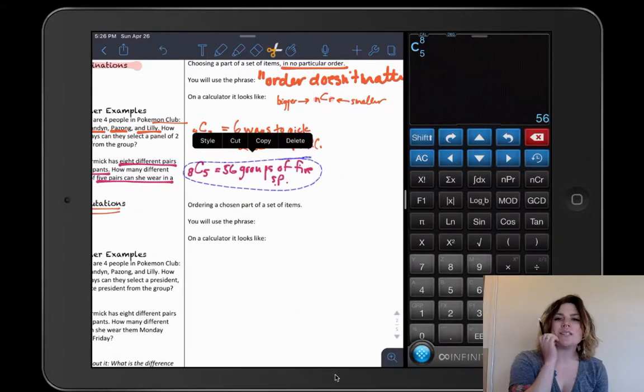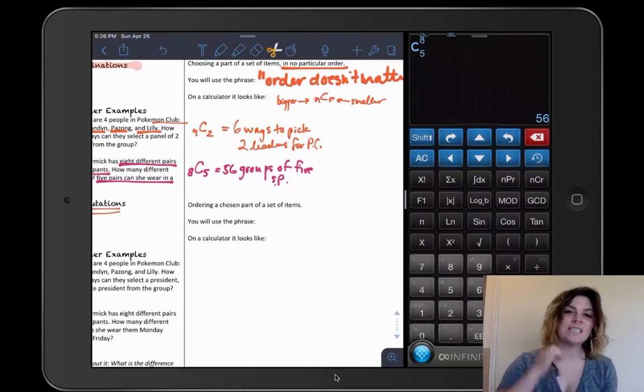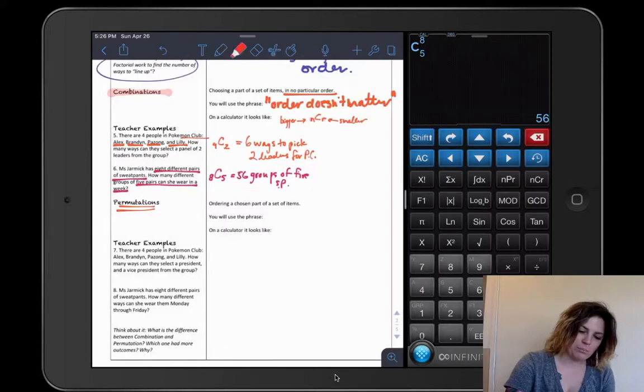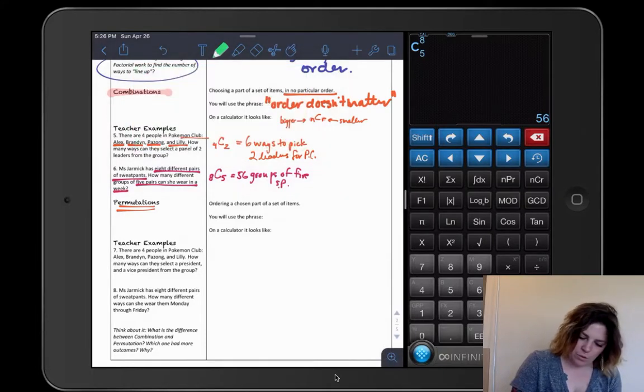Okay. Let's take a look at the next concept. The next concept is very, very similar, but it is related to the idea that order does matter. So this word is permutations. And so you're ordering a chosen set of items.